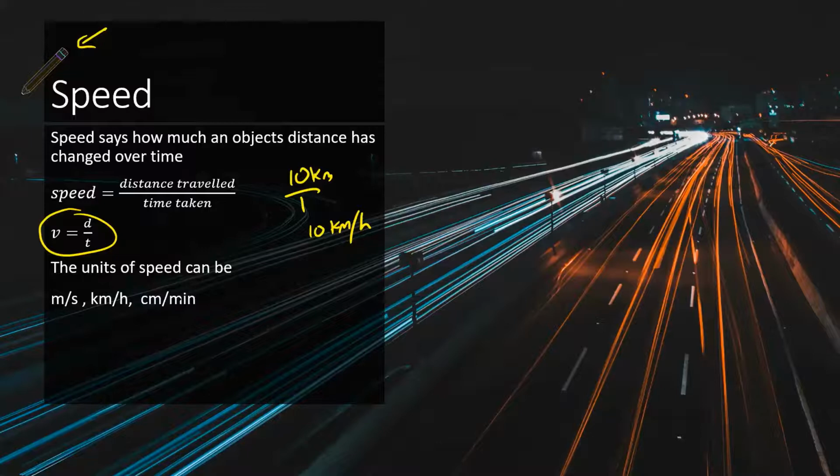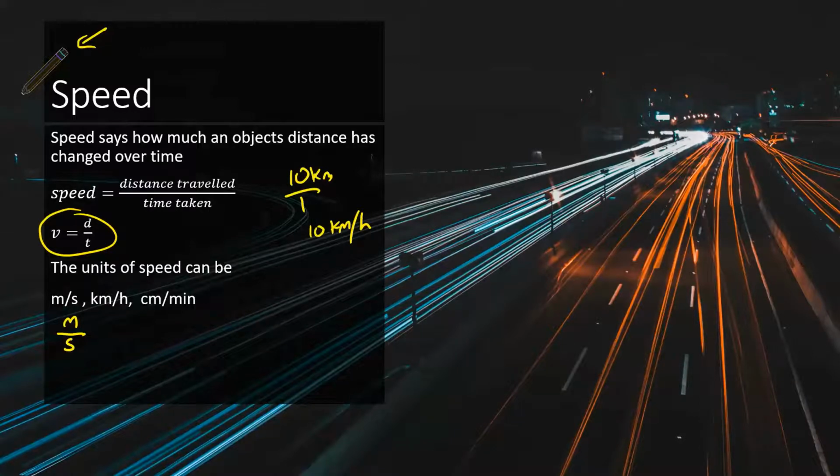what these mean. Meters per second means a distance traveled, meters, in an amount of time, seconds. It's just a way of saying distance per time. You can mix and match these.